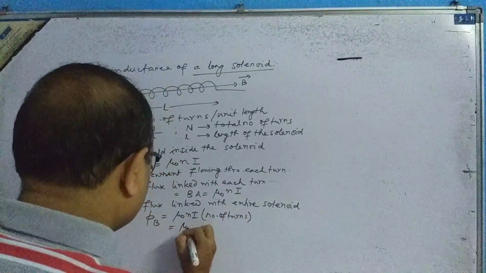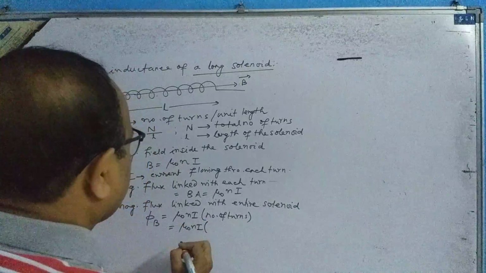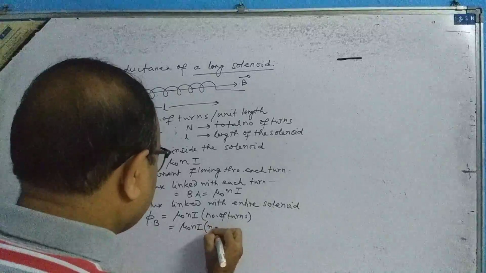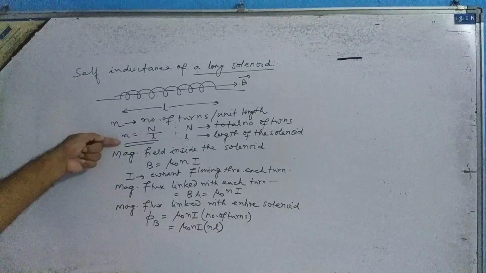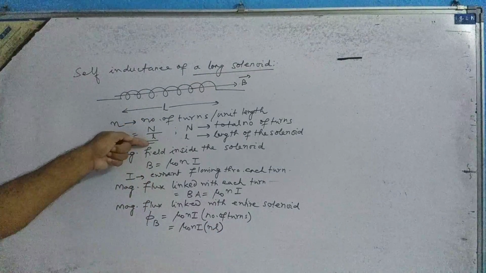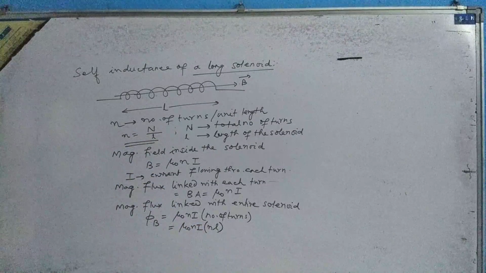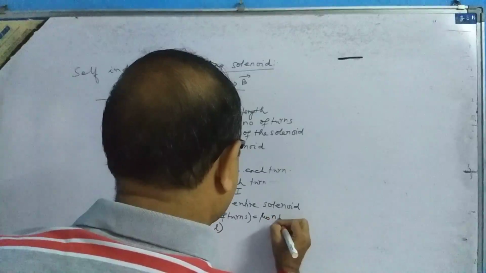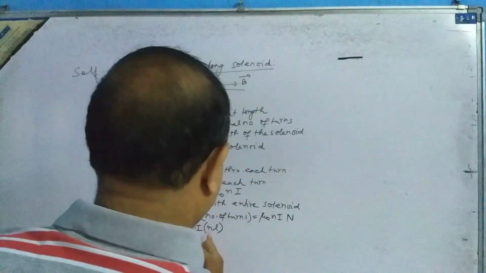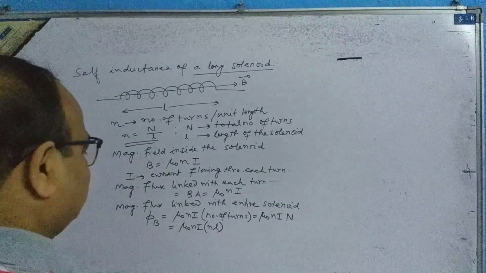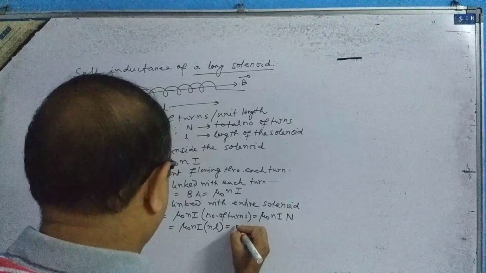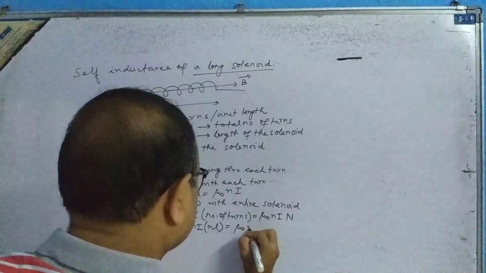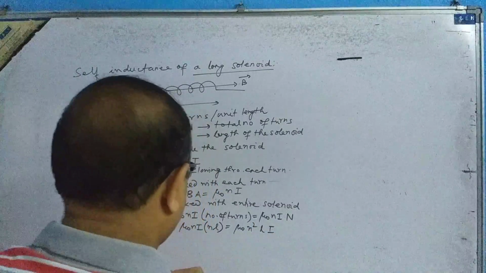Total number of turns should be n into L. I hope you are agreed. Small n is equal to capital N by L. I can write this total number of turns like this also, mu naught n I into capital N. That means it is equal to mu naught n square L into I.